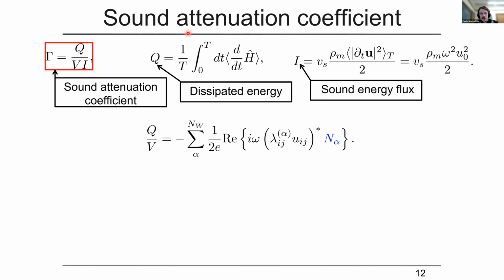But let's focus on this part. Usually people calculate sound attenuation via entropy production, but we found it more convenient to rewrite it using this expression for the dissipated energy. The benefit is very simple, because the only part of the Hamiltonian that depends on time is the deformation potential.